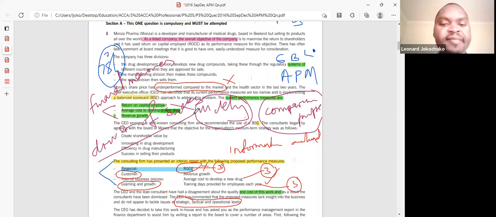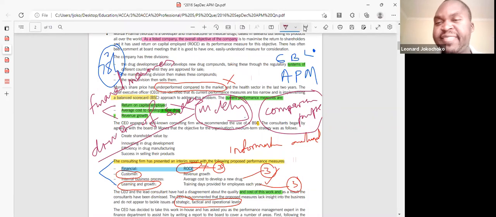These are historical measures and do not reflect drivers of future success. This is a major problem. As a shareholder, if I buy shares today in a company, do you think I'm concerned with what other shareholders got in 1998? Definitely not. I'm concerned with what's going to happen to me tomorrow, next year. So we need performance measures which do reflect future performance. This is just criticizing them in general terms. I expect to get at least 3 marks on my discussion here. If you get 4 marks, a good answer.